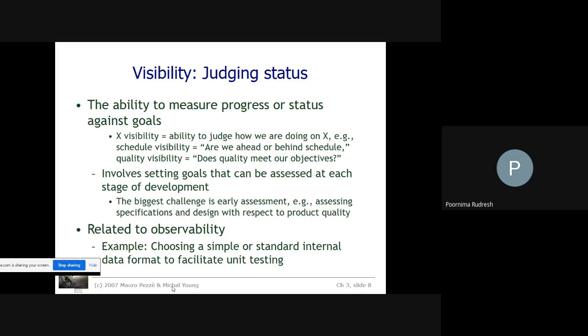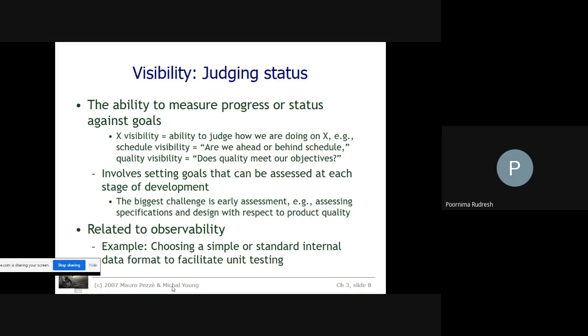And visibility is also related to observability. So what is observability? Observability is the ability to extract useful information from a software artifact. Artifact includes each stage of development.